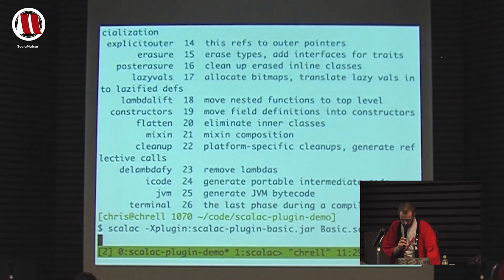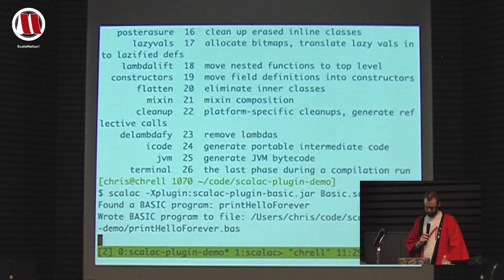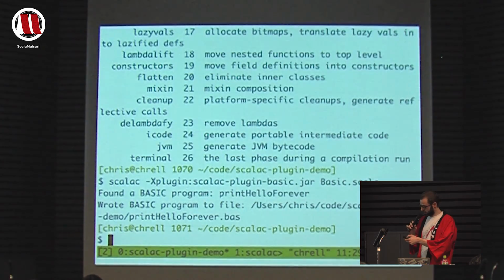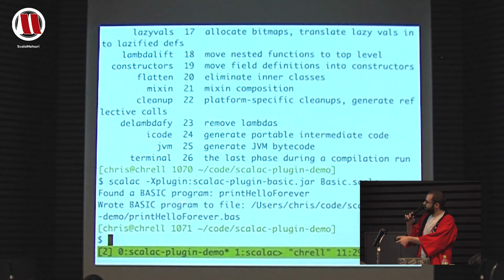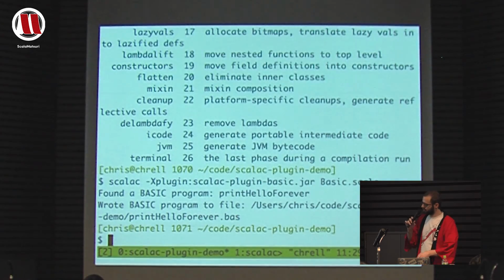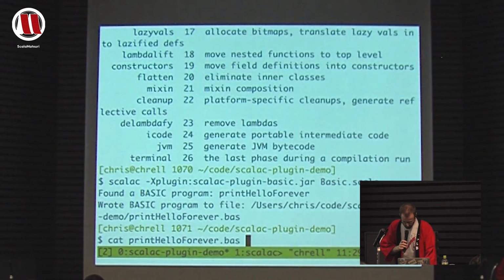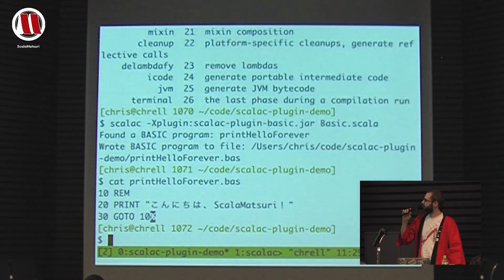Okay, so let's compile this code. So the plugin ran, it found my specially named method, and it converted it to a basic program. So it's written this new file, print hello forever.baz. Which looks like this.